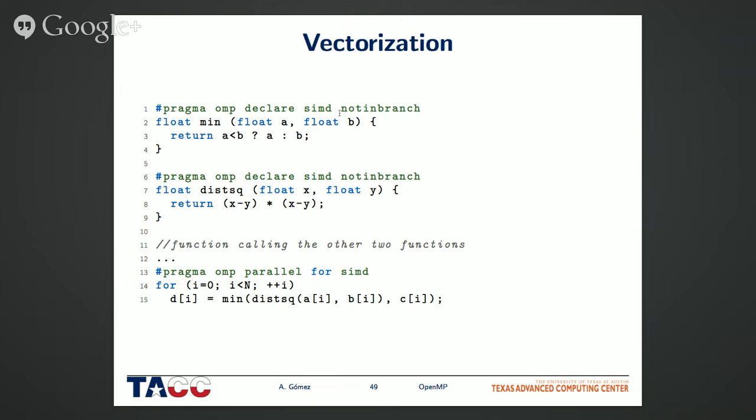We can also say that they cannot be called if there is a branch, an if-else instruction. Why? Because if-else doesn't play nicely with vectorization, okay? In that case, it's just not going to vectorize. It's quite complicated. We have an expert in computer architecture here that can tell us more about it.